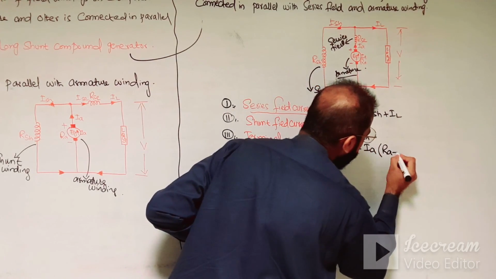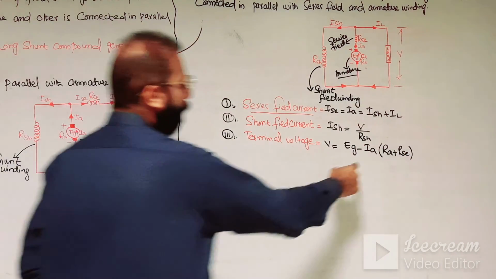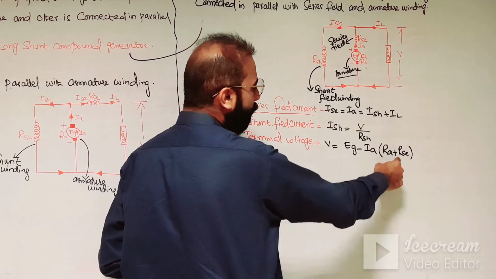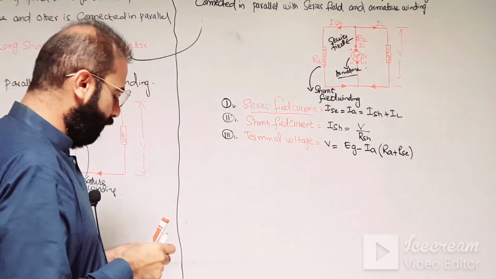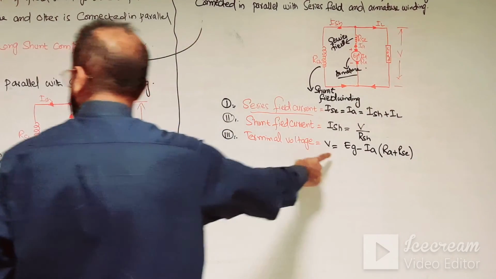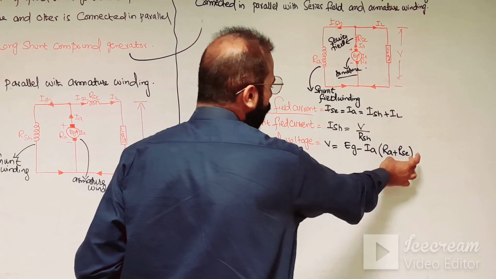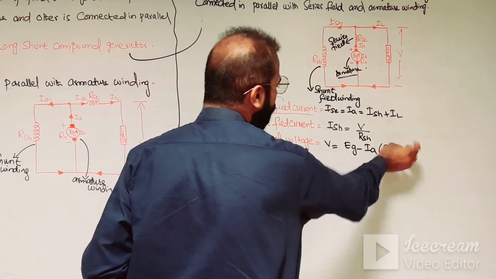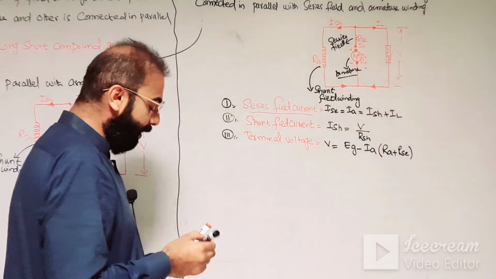Here we consider the resistance of the armature and the resistance of the series field winding. So this is the terminal voltage, Eg minus Ia multiplied by the combination of the armature resistance and also the resistance of the series field winding.